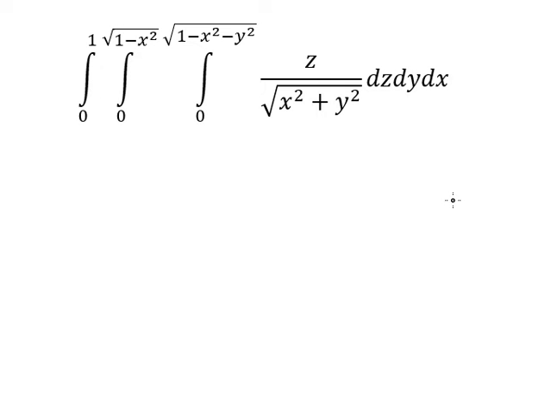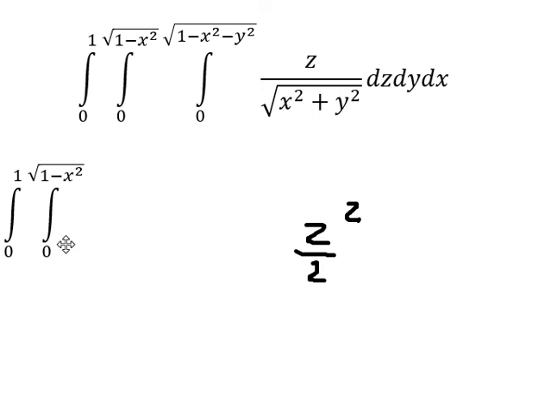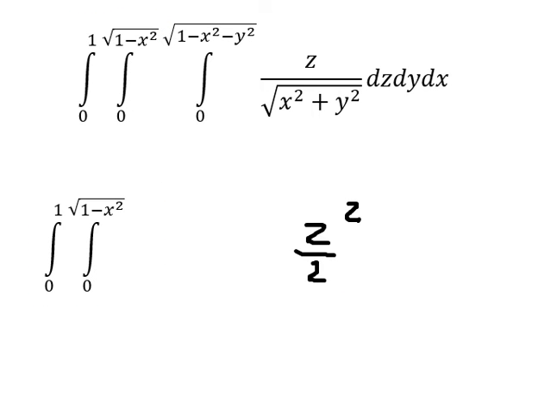So now I want to show you how to answer. The integration of z, you have z squared over 2. So I will put this one on here. This one I will put in here. And we have 1 over the square root of x squared plus y squared.